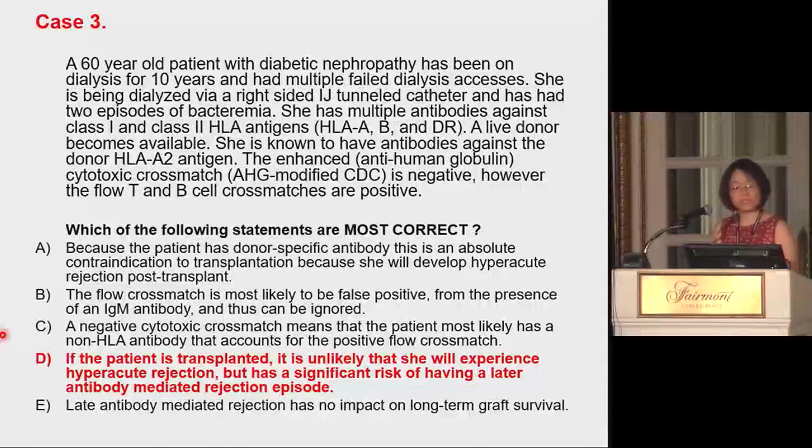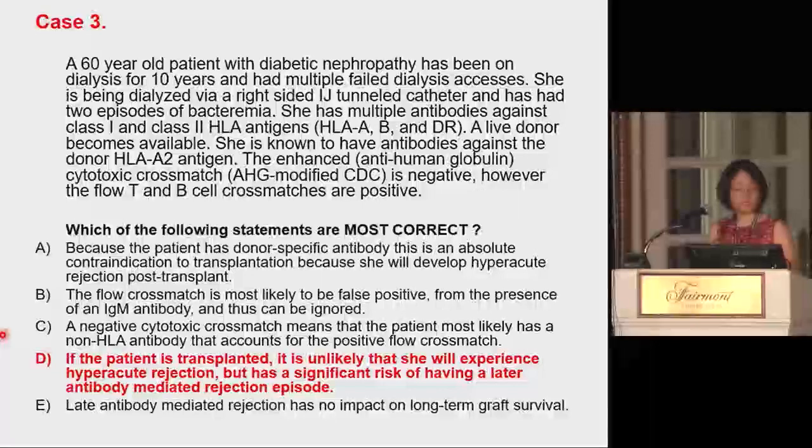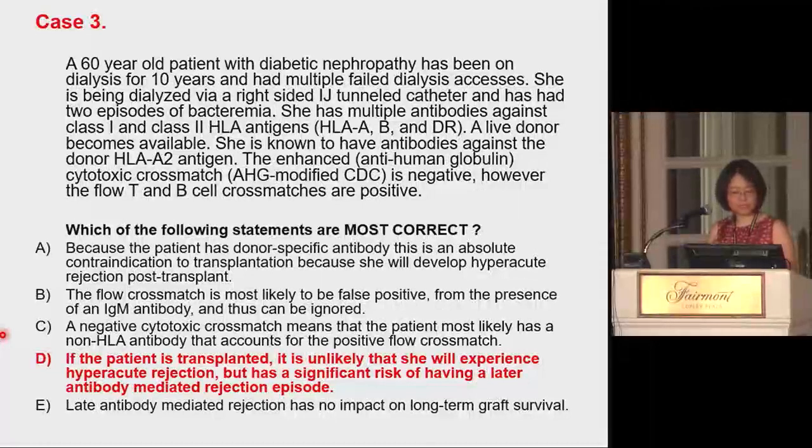She is known to have antibodies against her donor and against HLA-A2 antigen in particular. And when you go to do the cross-matches, her CDC cross-match is negative. However, the flow T and B cell cross-matches are positive. Okay. So which is the most correct?